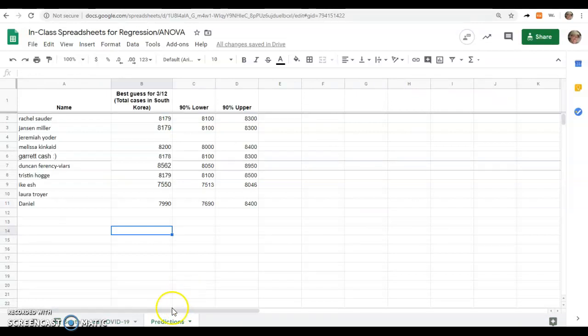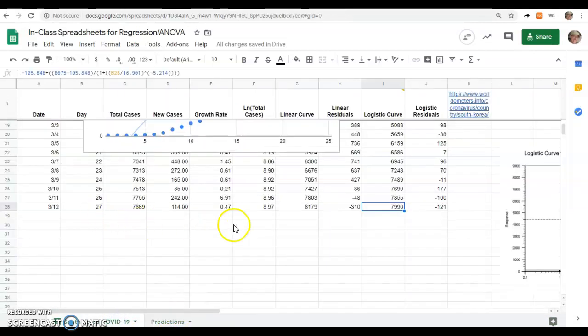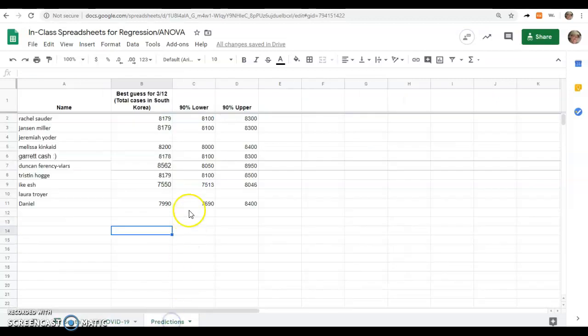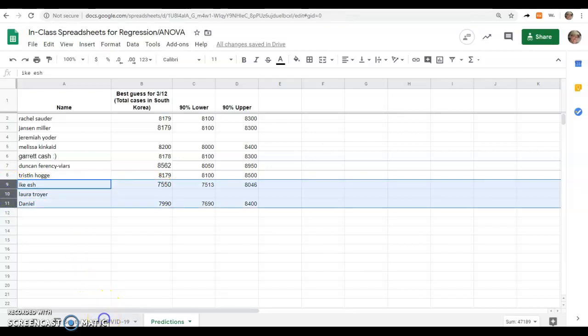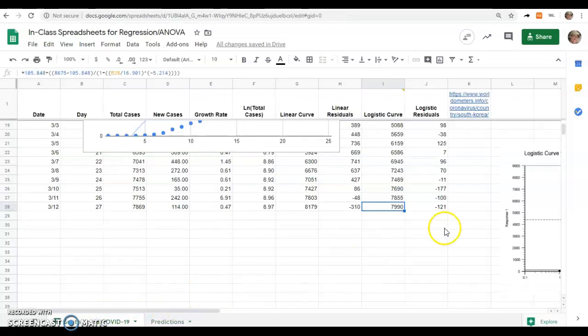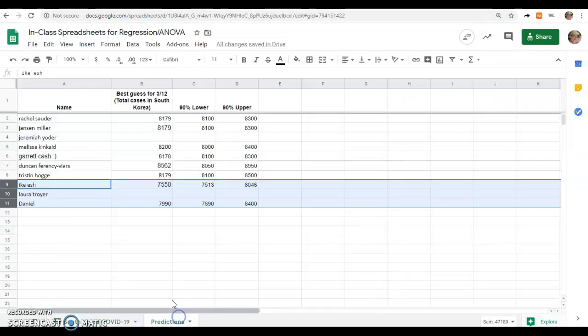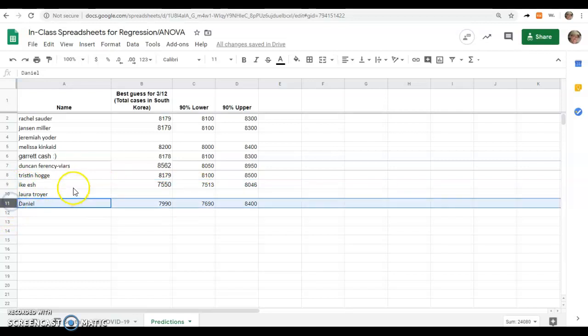So it brings us to another point. If the number was 7990, notice that only falls within, wait, no. Oh yeah, 7990 was my prediction. 7869. Notice that 7869 only falls within 2 of our confidence intervals.